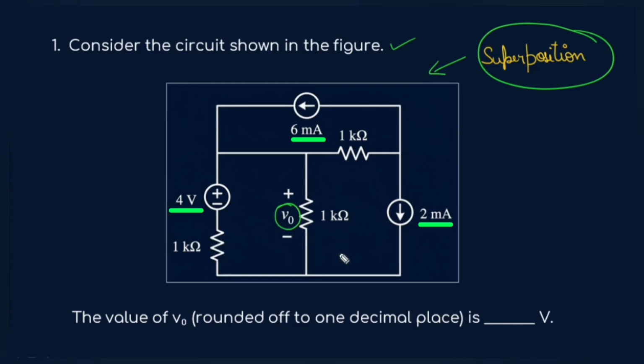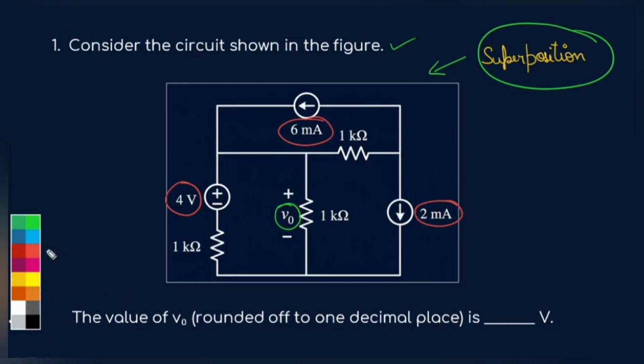Here we have three independent sources: a 4-volt voltage source, a 6 milliamperes current source, and a 2 milliamperes current source. According to the superposition theorem, we consider one source at a time, find its contribution to V0 and then add all the contributions. For an inactive ideal voltage source, we replace it with a short circuit.